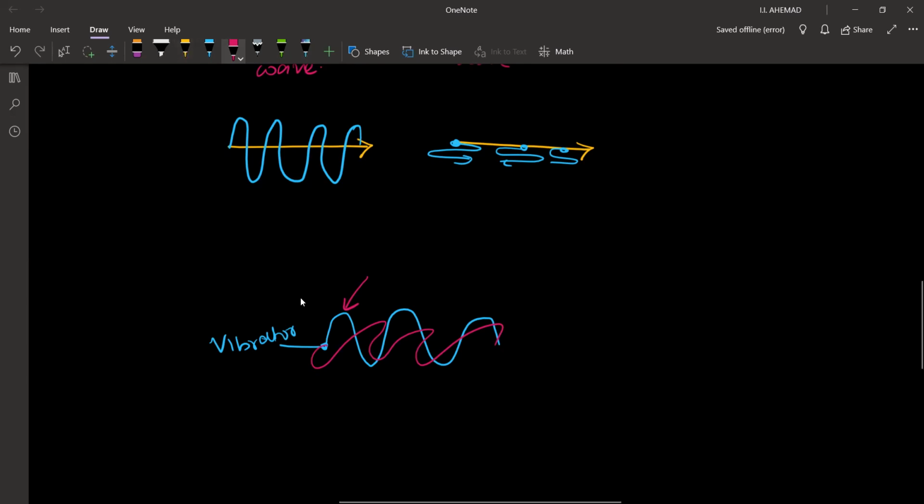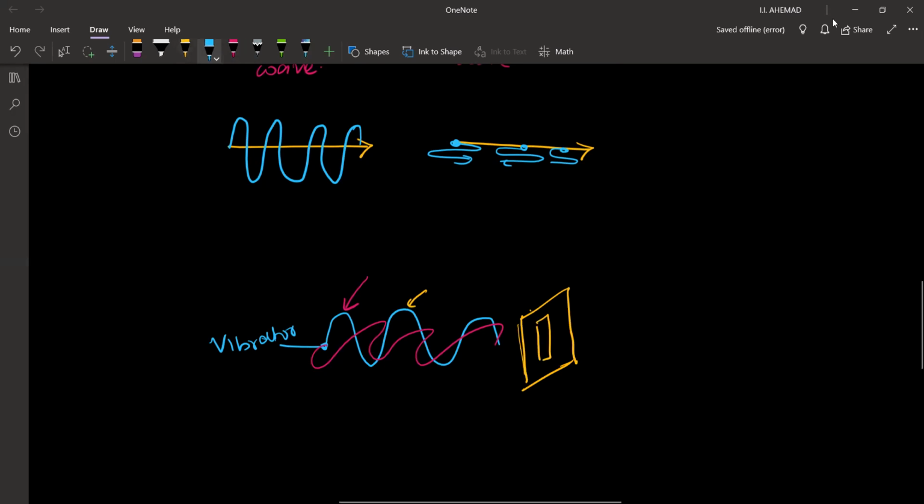But I want only the waves that are vertical. I only want the waves that are vertical. For that, I have to filter. So this polarization works just like a filter. I have a piece of cardboard and a small slit.